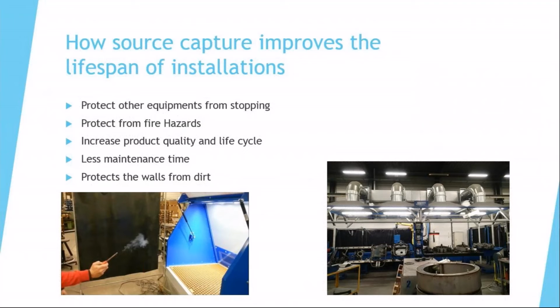So you won't have to do maintenance operations as frequently as before because of the reduced contamination by dirt or fumes. And it will protect the walls or the installation from dirt and from attack to the painting, to the metal accompanying the walls, and will give a greater value to your installation.